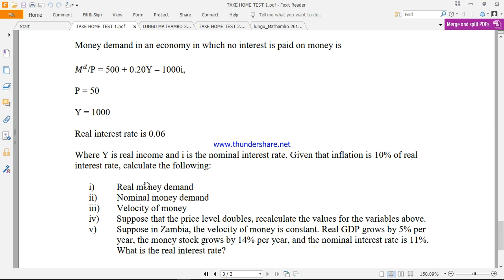So if the real money demand function is that one, we have output level, which is 1,000, and then we have the rate of interest, because they've told us that inflation is 10% of the real rate of interest. But what we want is the nominal rate of interest to plug in where there's I. So we first have to calculate for I.